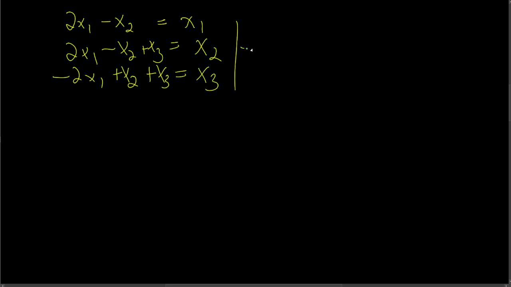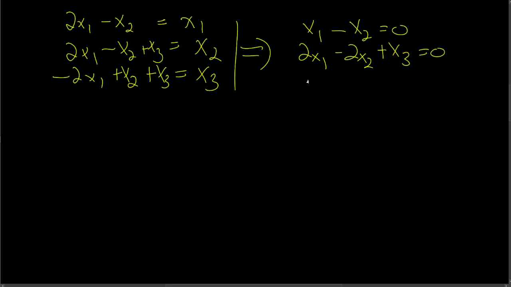We'll do the same thing. We'll pull variables over to the left side. So x1 minus x2 equals 0. 2x1 minus 2x2 plus x3 equals 0. And negative 2x1 plus 2x2 equals 0, because the x3's cancel out.